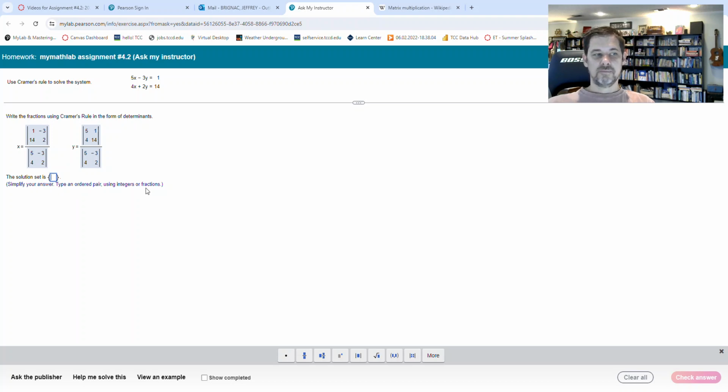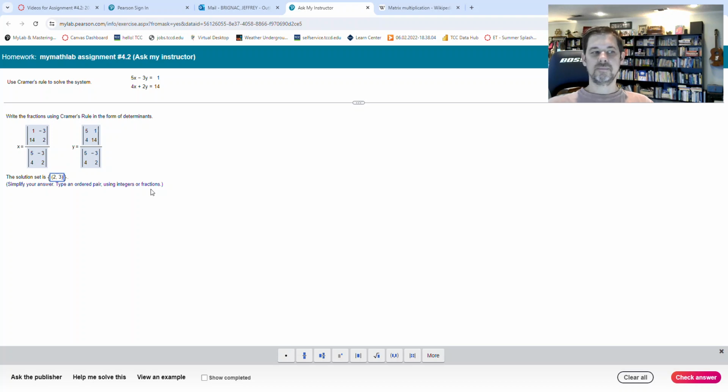So if I was going to say, well, I think the answer is 2 and 3, I would understand that if you told me that, but that's not what it says to do here. An ordered pair is two numbers separated by a comma in parentheses. So like this, okay? Parentheses, 2, 3, close parentheses.